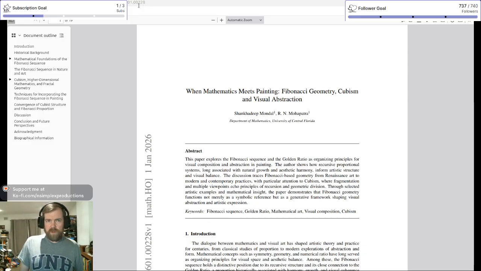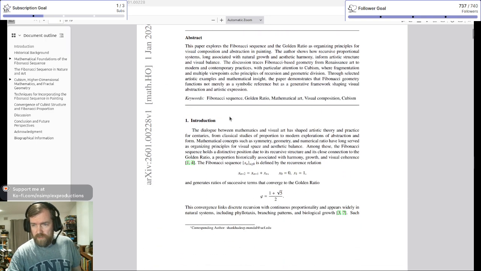All right, when mathematics meets painting, Fibonacci geometry, Cubism, and visual abstraction. Sankhadip Mondal, R.N. Mohapatra, Department of Mathematics, University of Central Florida. This paper explores the Fibonacci sequence and the golden ratio as organizing principles for visual composition and abstraction in painting.